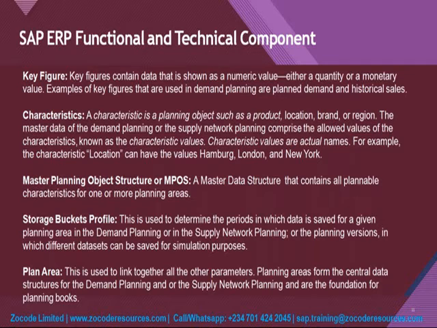So you have key figures, and you have characteristics. Characteristics are the planning objects such as products, brand, location, customer group, and things like that.